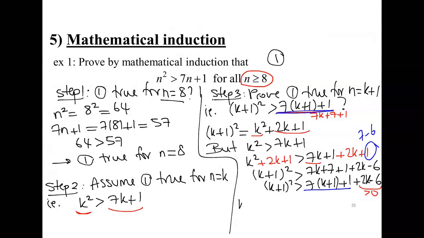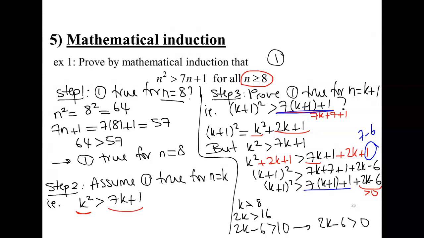So over here, k is greater than 8. Then 2k is greater than 16. Then 2k minus 6 is greater than 10. Since 2k minus 6 is greater than 10 for all k, then 2k minus 6 is a positive integer.